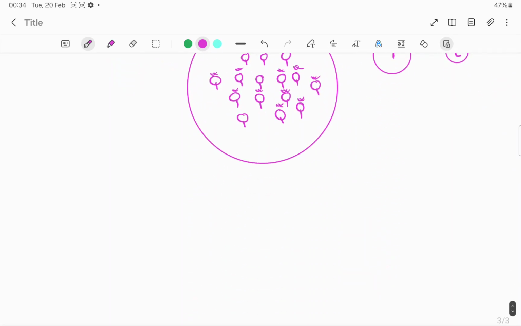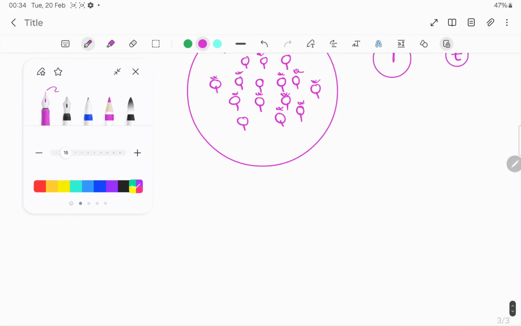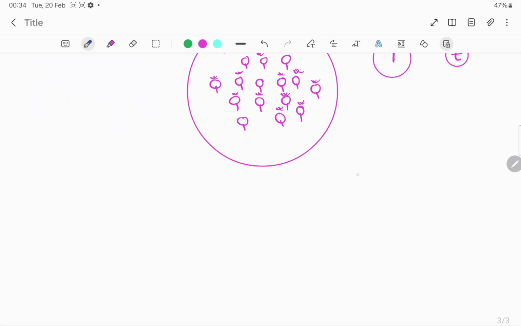Now again come to the chromosome. Let me draw the chromosome again. Suppose this is a homologous chromosome, this is the first chromosome, and this is one dash. This is the first pair of chromosomes.